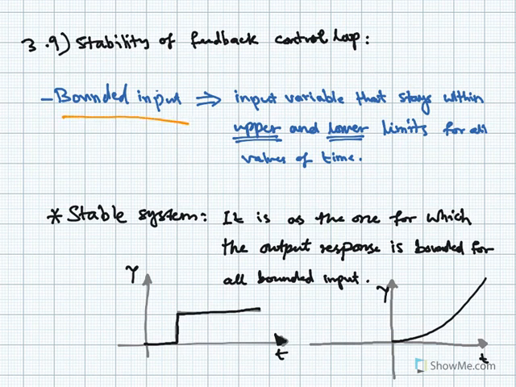Bounded here means that the input variable stays within upper and lower limits for all values. But we need the system to have bounded output for the bounded input. In the case of this unit step signal, as we see here, this is a bounded input. However, for the exponential function, we can see that this signal is unbounded.